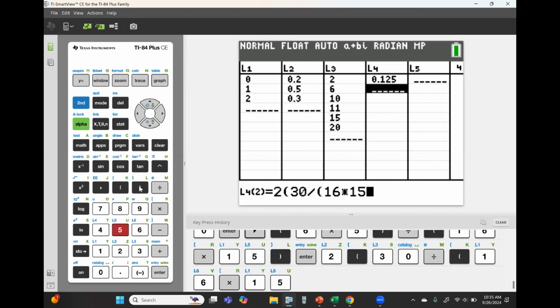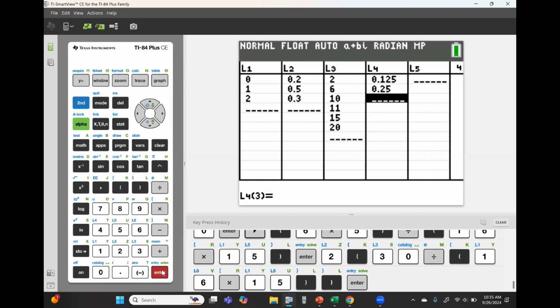And I need to close those parentheses twice. And then once you get all these done, I can run one variable statistics on those two lists and get my expected value. Okay. If you have any questions on that when you start working on it, let me know.